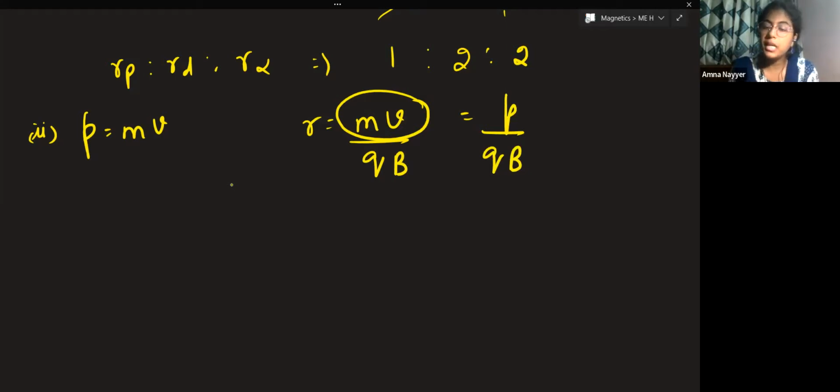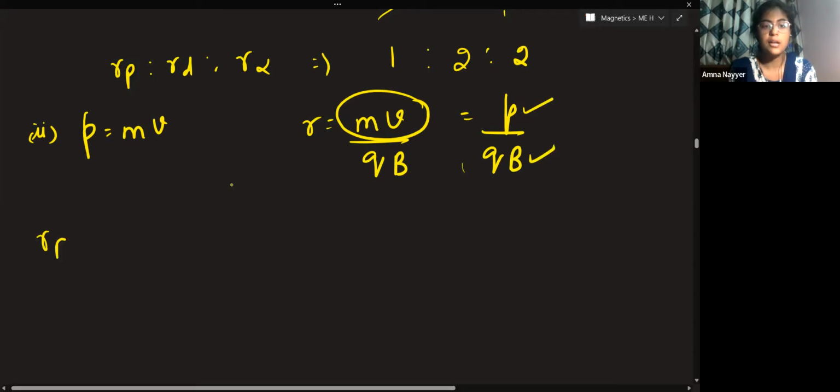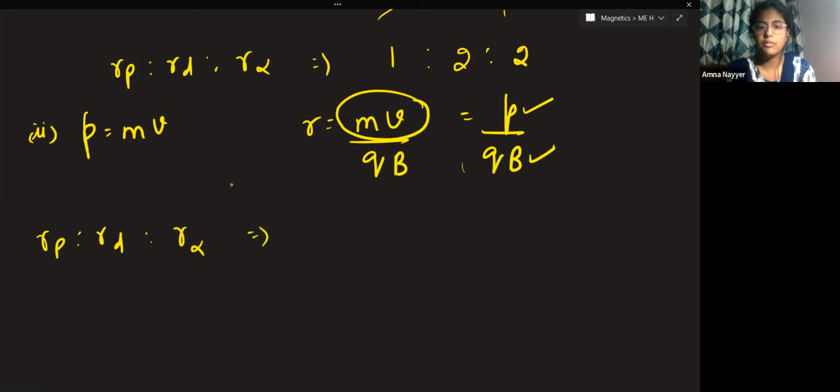Now, P is also the same. Magnetic field is also same. Only charge is different. So RP is to RD is to R alpha will be what? P and B will get cancelled. This will be 1 by charge of proton is to 1 by charge on the deuteron is to 1 by charge on the alpha particle.